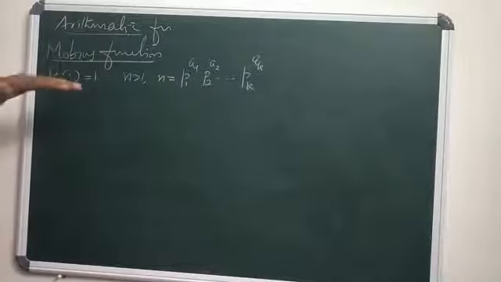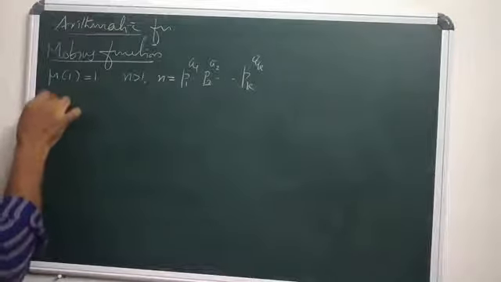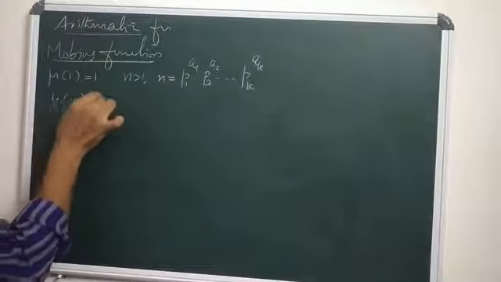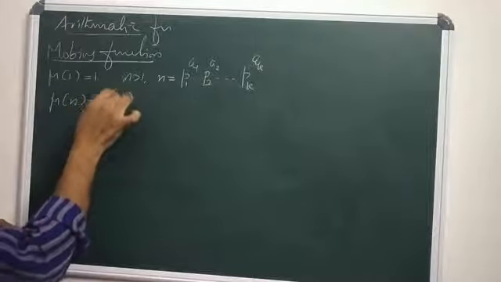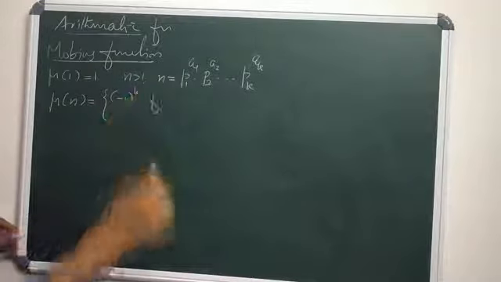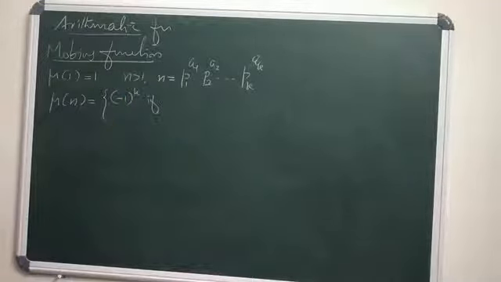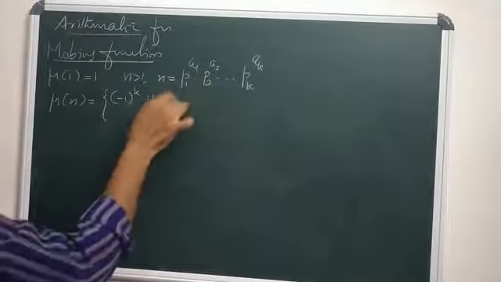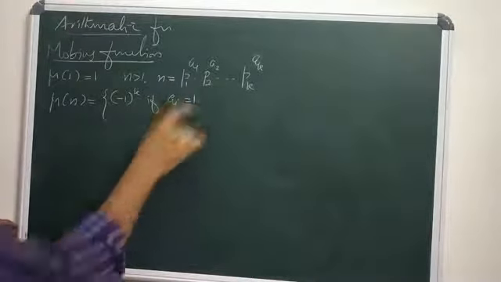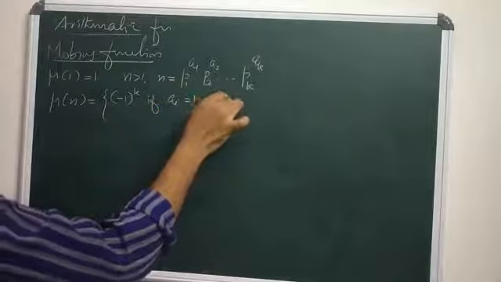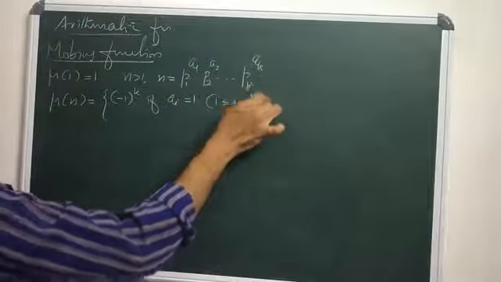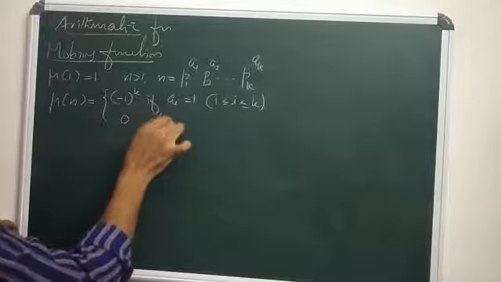If any positive integer n greater than 1 can be expressed as a product of powers of primes, then mu of n is defined as minus 1 power k if ai equals 1 for i ranging from 1 to k, and 0 otherwise.